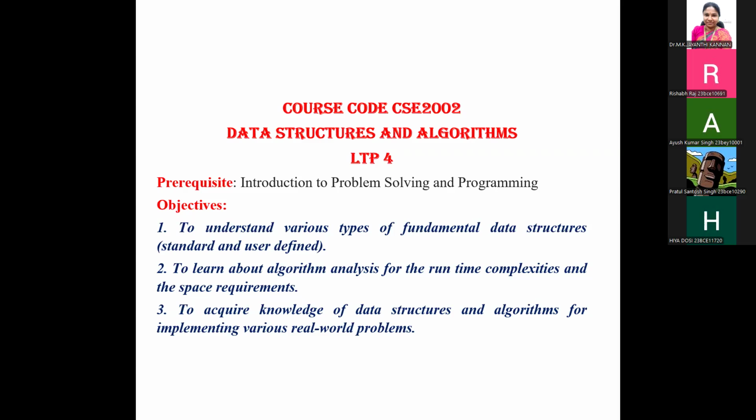What is the objective of this particular subject? Why are we studying it? What are the benefits we are going to get? It is a core subject. The students will gain an understanding of the various types of fundamental data structures, standard data structures, and user-defined data structures, and learn about algorithm analysis for runtime complexities and space requirements.